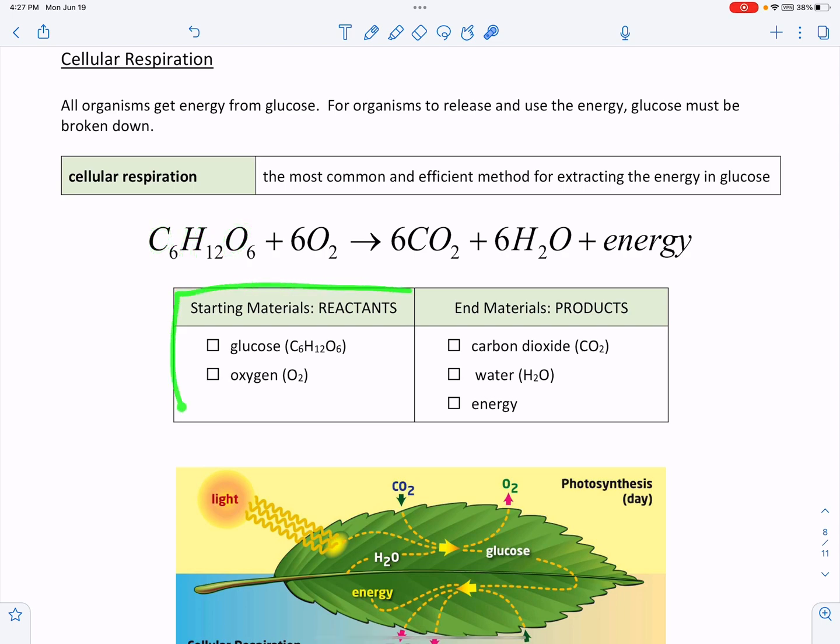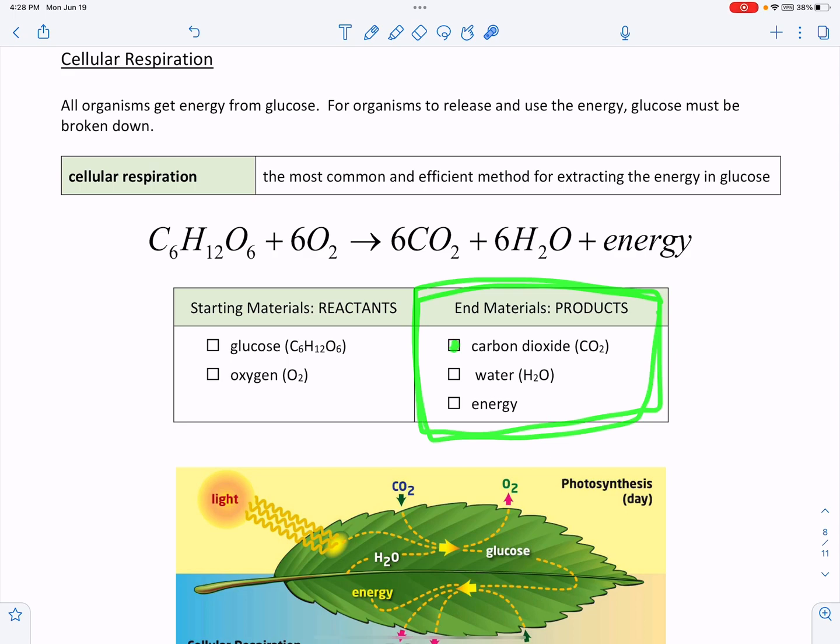We're going to look at the starting materials or reactants of cellular respiration. The first is glucose. Glucose is C6H12O6. And the second is oxygen, O2. These are the starting materials or reactants. These starting materials are used to produce three end materials or products.